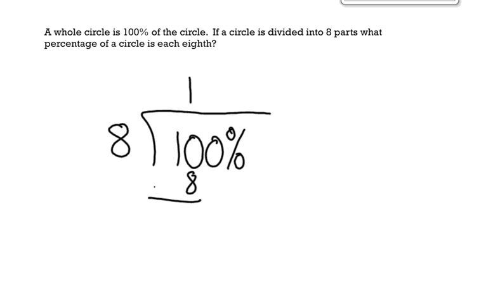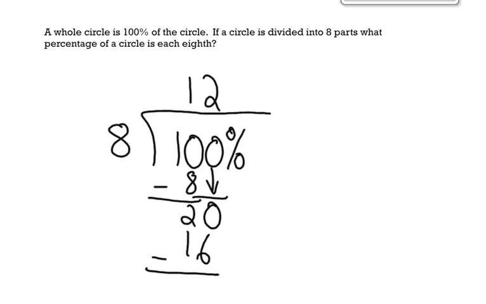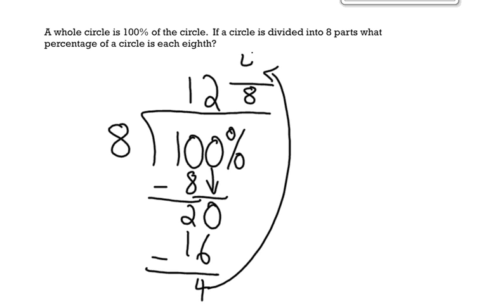And we can do our subtraction. Bring down our 0. 8 goes into 20 2 times. 2 times 8 is 16. And we get 4 left over. And so since we're dividing by 8, put our 8 down there, and then of course we bring this up here, 4 over 8.